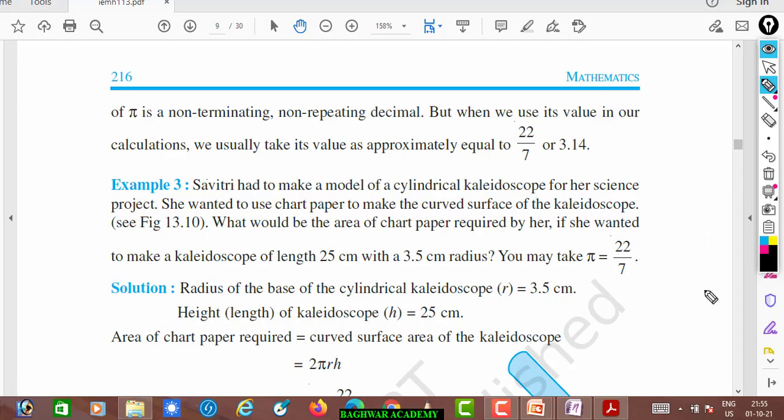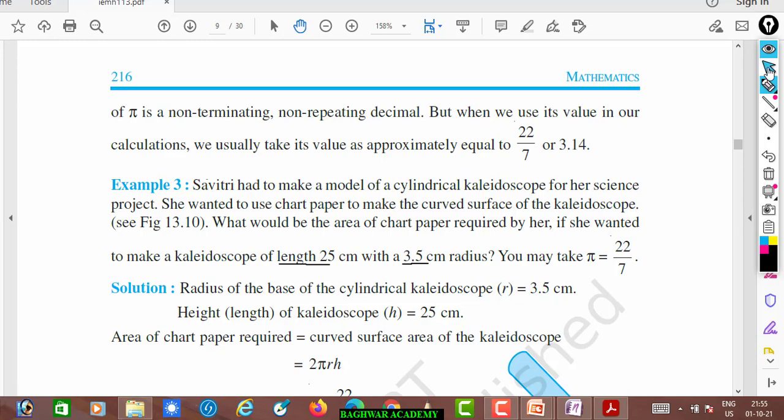It means the radius has been given and the height, or you can say the length, of the kaleidoscope has been given. This length will be the height, and the radius r is 3.5 centimeter. The value of pi you need to take is 22/7.